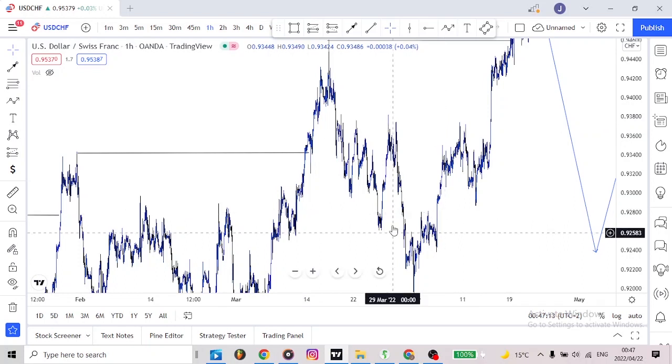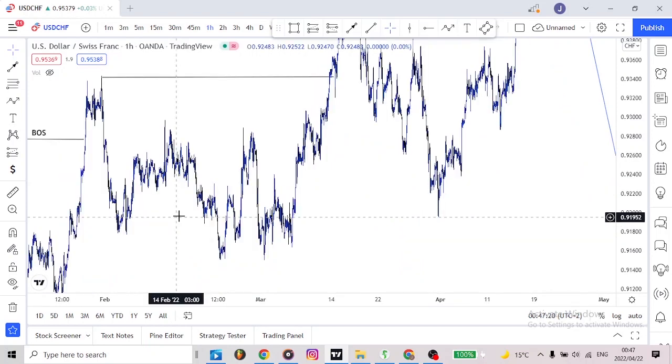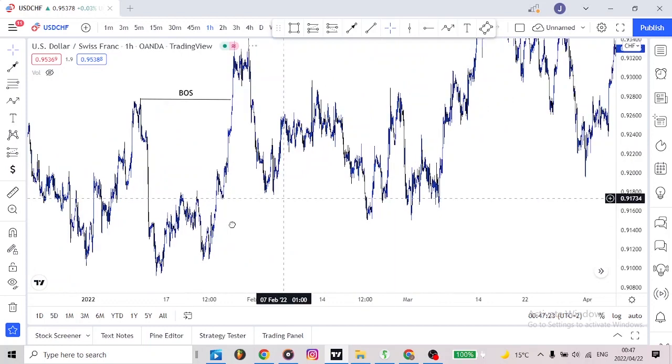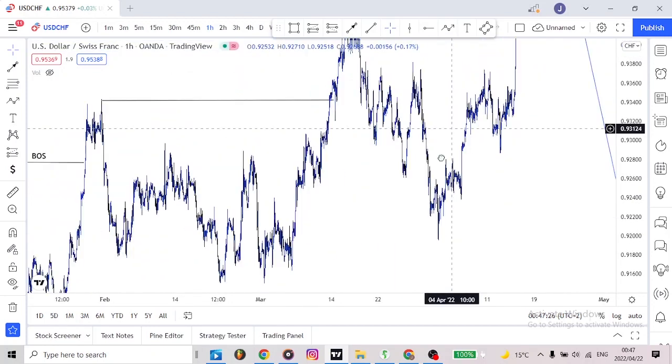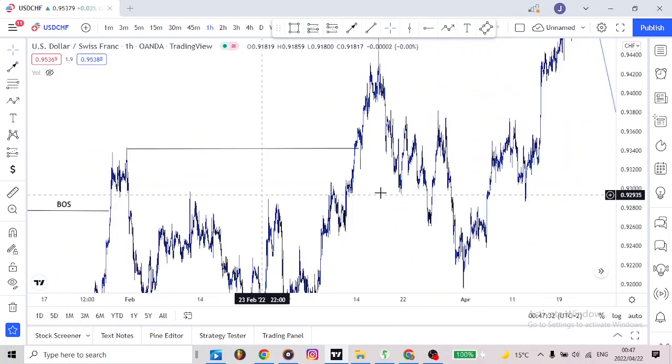Remember, guys, within every trend there are small trends. In every big trend there are small trends, so you must know which ones are the major breaks of structure and which ones I will call small trend breaks of structure.